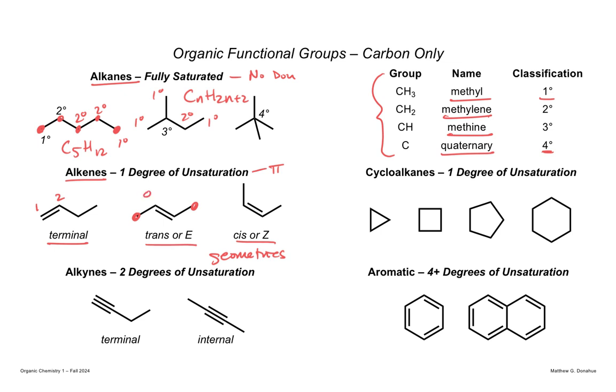Are they opposite? Or the same? Alkynes, 2 degrees of unsaturation, so pi plus pi. And again, those can be terminal, where the triple bond starts at carbon 1, or internal, where it starts at 2 or above.